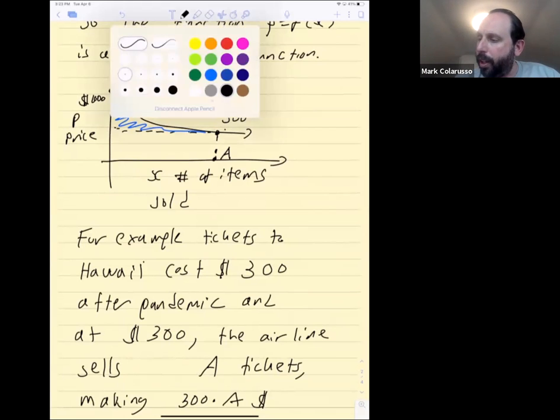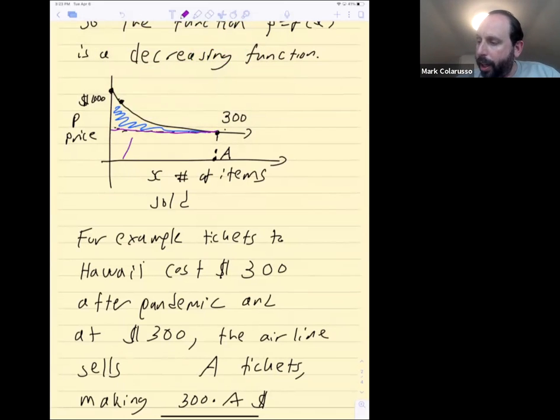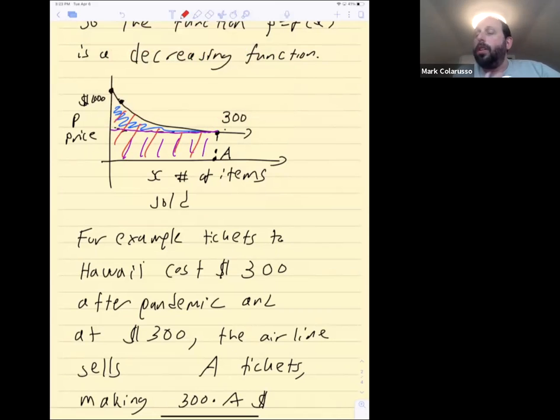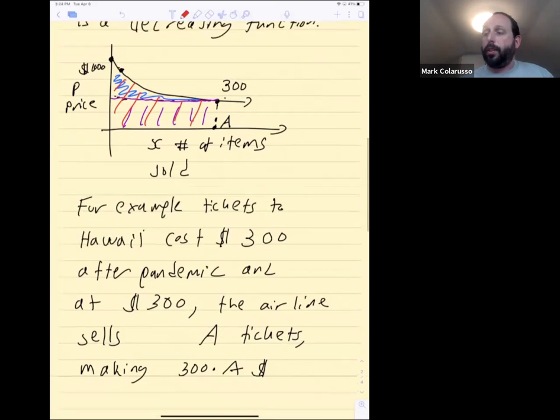It's the difference between what the airline's actually making now, which is the purple shaded rectangle, and what all the consumers would be willing to pay if you were allowed to set the price given your own demand, which is this area shaded in red. That difference between what the airline's making now and what consumers would be willing to pay, if they were allowed to barter, is the blue area. That's called the consumer surplus.